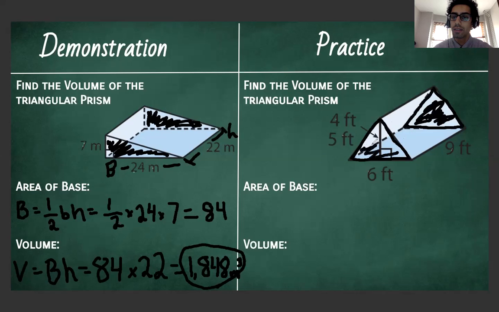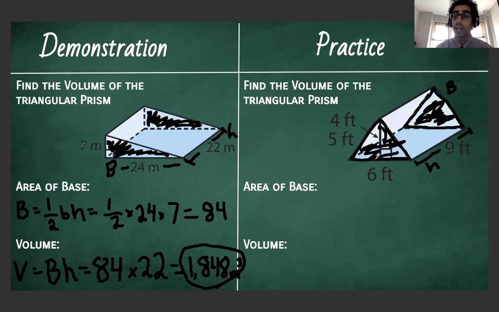And the height of the triangular prism is going to be the distance between the bases, which is this over here, okay? Now that we have that, let's start to plug and chug.